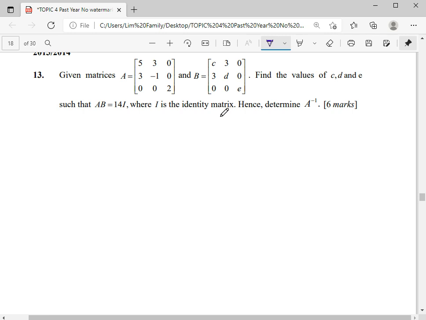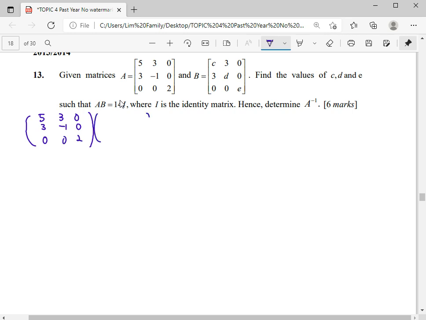Okay, so for the first part, we find out what C, D, E are. Then only we do the second task, which is finding A inverse. So I'm doing the multiplication first. They say AB equals 14I, right? So we plug in our matrices. Matrix A is 5 3 0, 3 negative 1 0, 0 0 2.